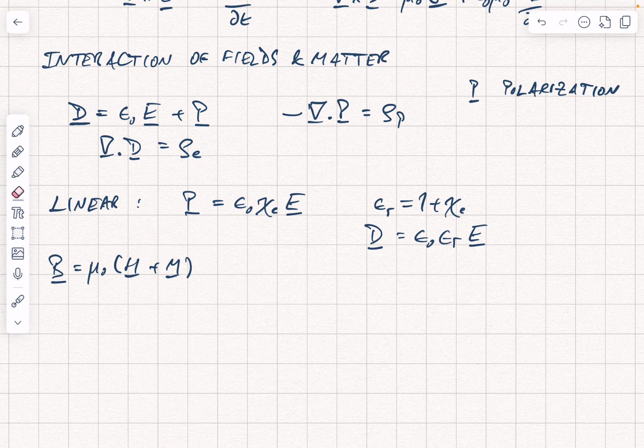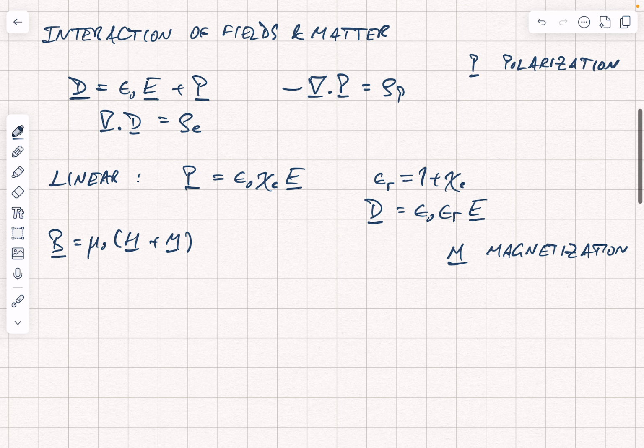It's the density of dipoles in a material. And so if you have a volume density of a dipole, because a dipole is a charge multiplied by a length, the overall dimensions of P are charge per unit area. And here M is the magnetization, which again is the density of magnetic dipoles in the material.